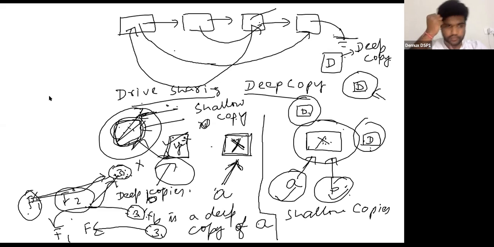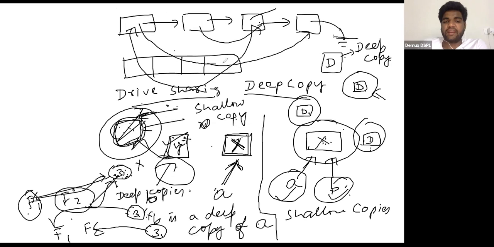So here basically you have to make a deep copy of this list. So you have to create another exact replica of this list. You could have made a shallow copy of the list by creating just pointers to the same nodes. If you had to do a shallow copy of this list, you could have simply created an array of pointers, made these pointers point to the corresponding nodes in the linked list, and given this.